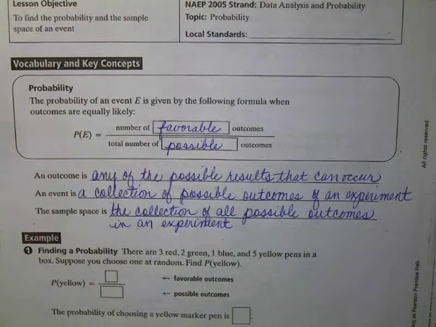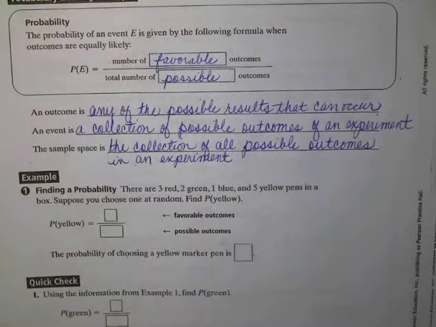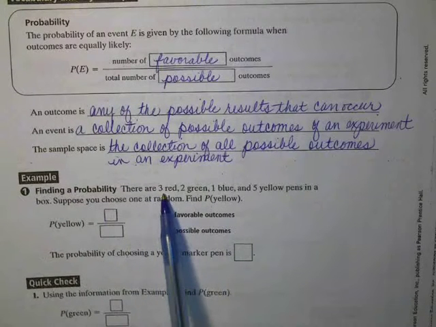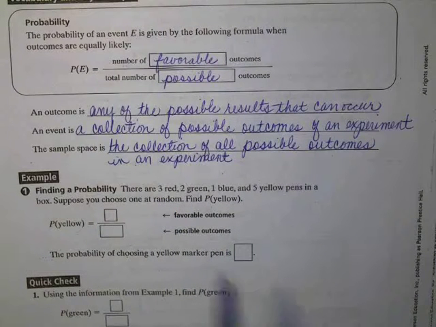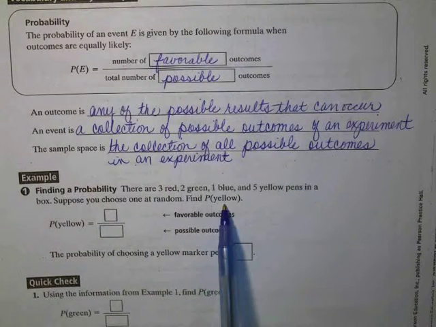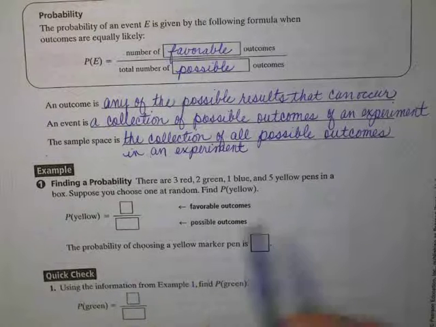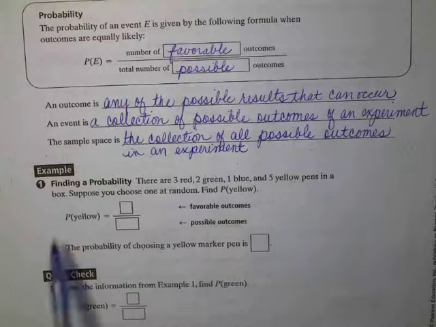Okay, now let's go and look at what we can do here. So, finding a probability. There are 3 red, 2 green, 1 blue, and 5 yellow pens in a box. Suppose you choose at random, find the probability of choosing a yellow. So the probability of yellow would be the favorable outcomes, okay?